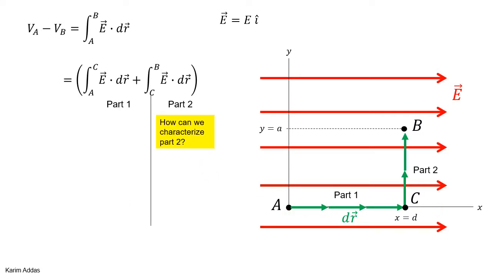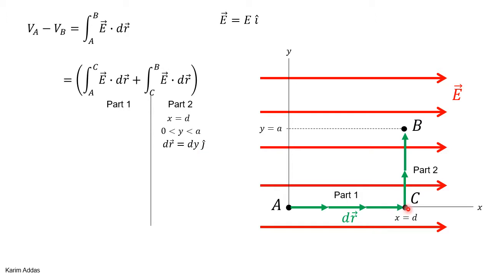And how do you characterize the next part? The next part will give you a 0. That's why I was saying that the answer is already that part, because this part is going to be 0. Why is the integration from C to B going to be 0? Because if you look at what dr is going from here to here on this part, it's dy in the j direction. You're moving here in the j direction. But the electric field is in the i direction. And so dr is dy j.